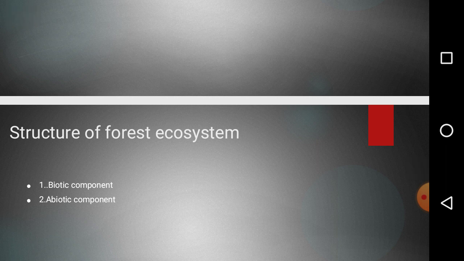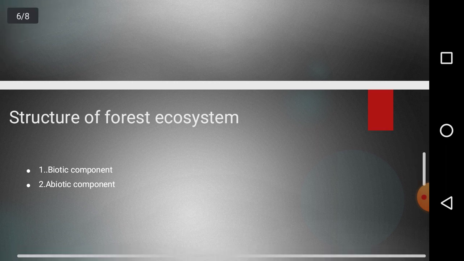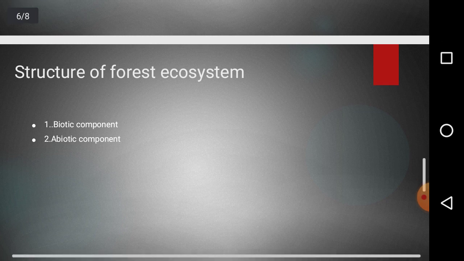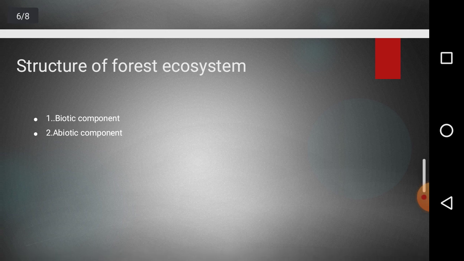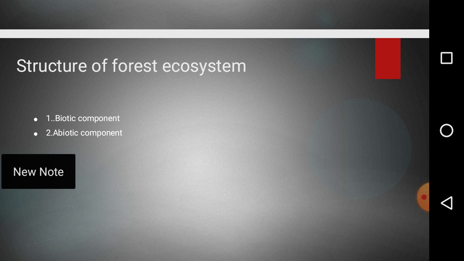Structure of forest ecosystem. There are two components, namely biotic and abiotic components. On the biotic component, we are referring to those living organisms which are producers, consumers, and decomposers.